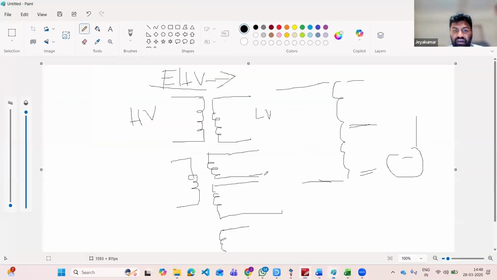See why talking about tapping is very important. This is the HV side and this is the LV side. Let's say this is 11 kV for the discussion. When you get the power from the EB, you may not always get exactly 11 kV.